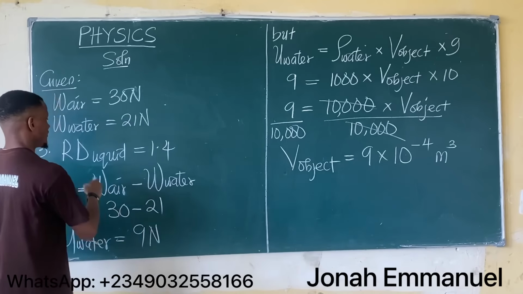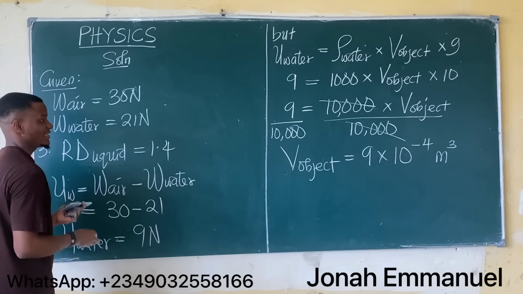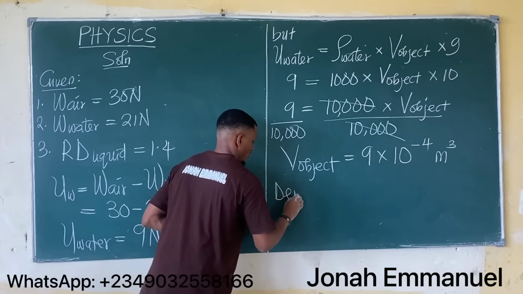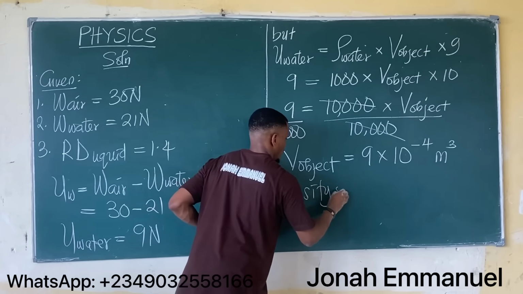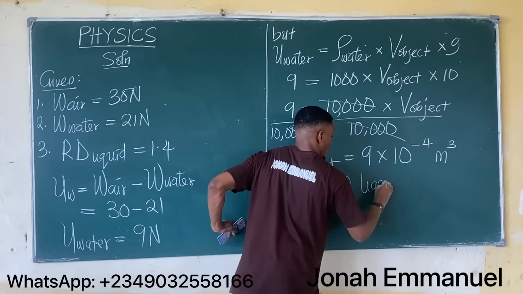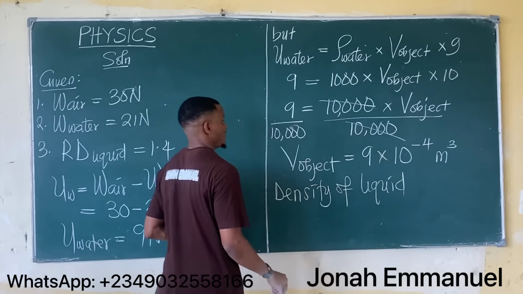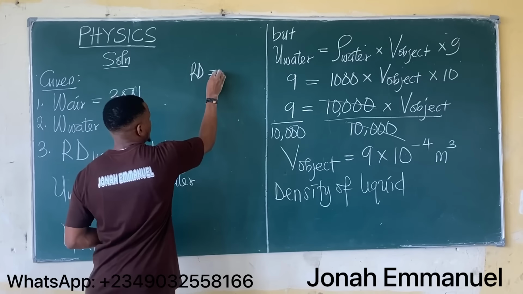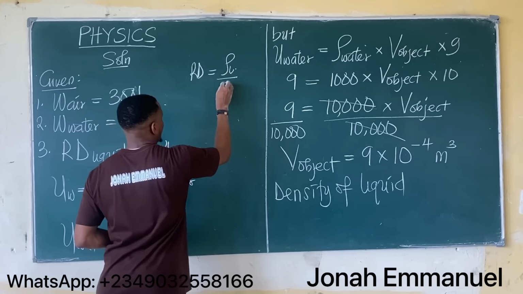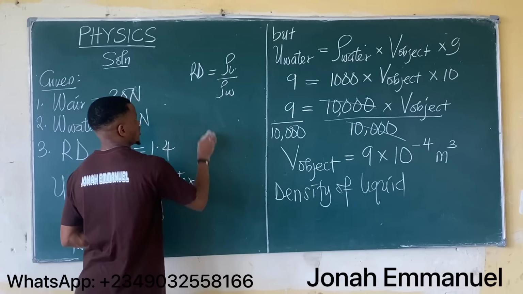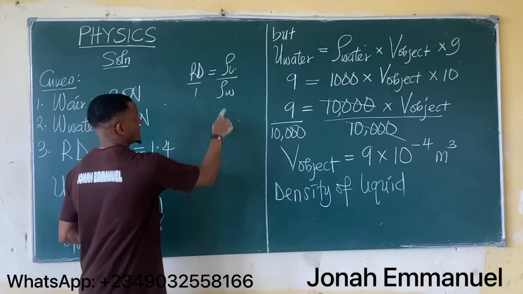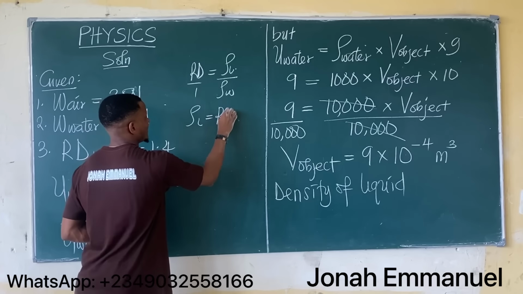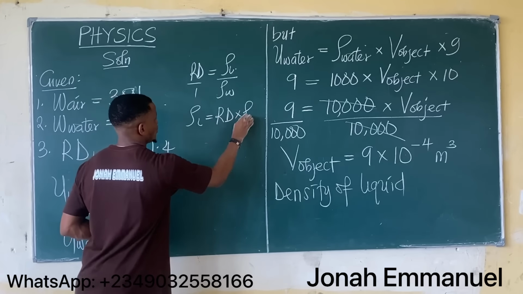We have the relative density of the liquid. Let's get the density of the liquid. We said relative density is equal to density of liquid over density of water. If I put this over 1, it means that density of liquid is equal to relative density of liquid times density of water.